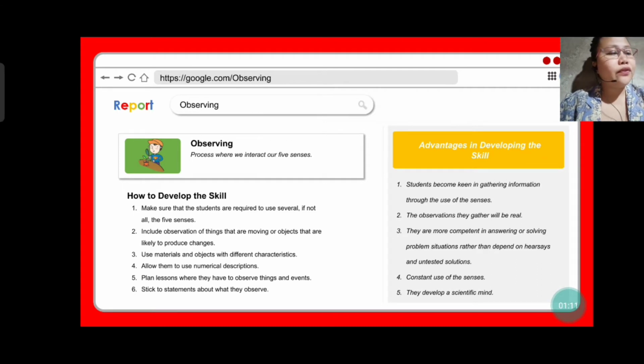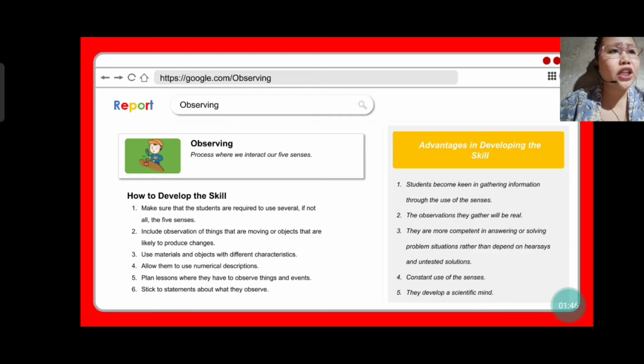For example, in my example earlier, our teacher instructed us to collect different leaves, and from that activity, we used our sense of seeing, touching, and other senses. Although not all senses were used, we made use of several senses.